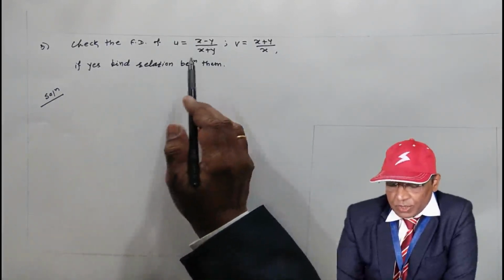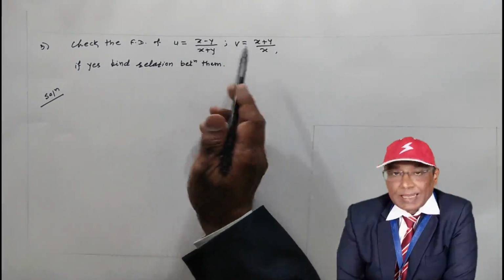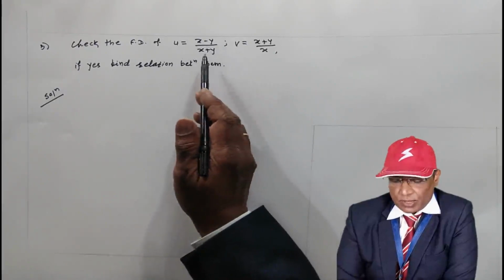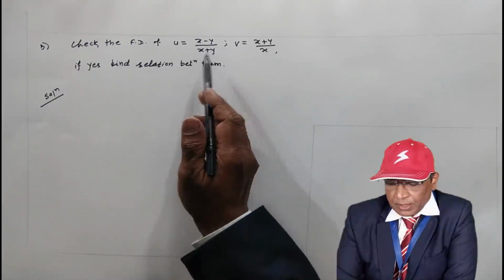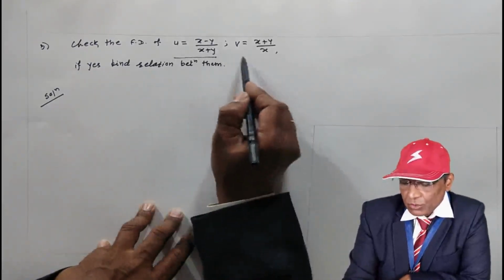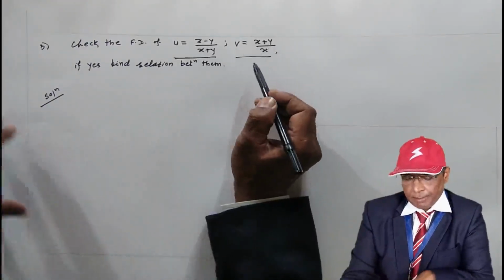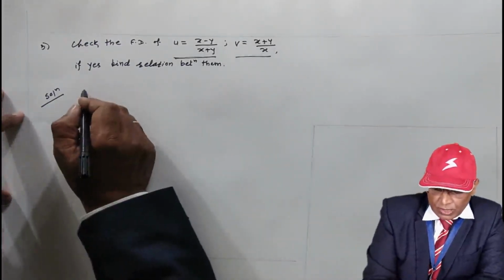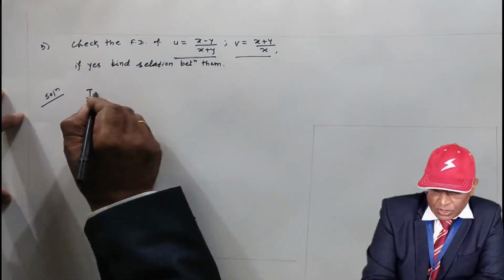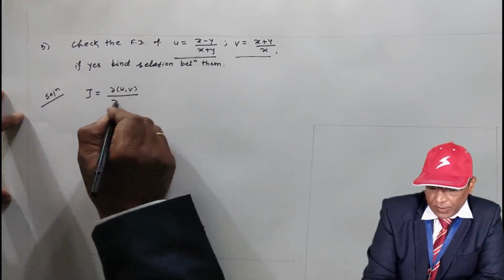In previous sums, in one of the variables, u or v, a trigonometric or inverse trigonometric function was there. But here in both u and v, we have algebraic functions only. But first we check the functional dependence. Here, J is the Jacobian. I am writing the Jacobian for two variables in this way.